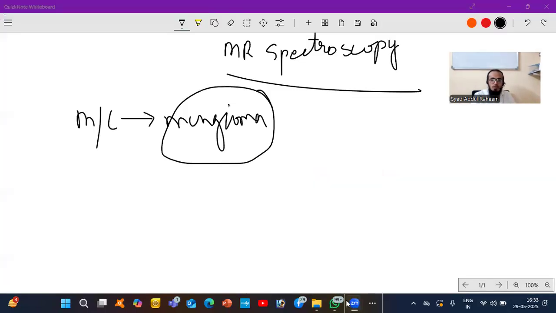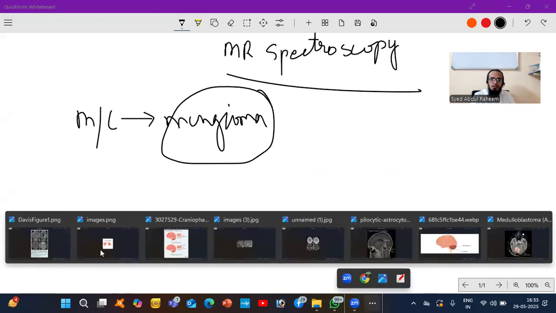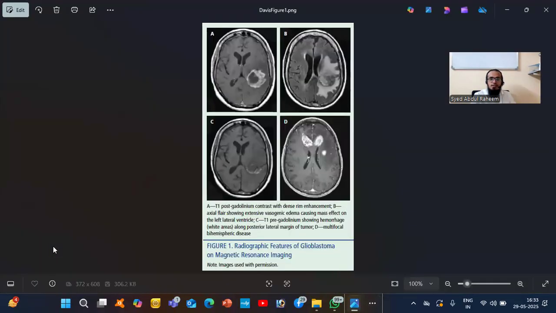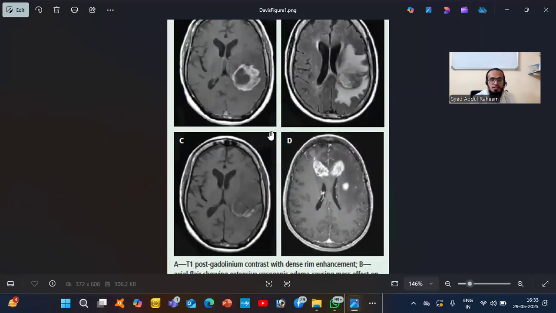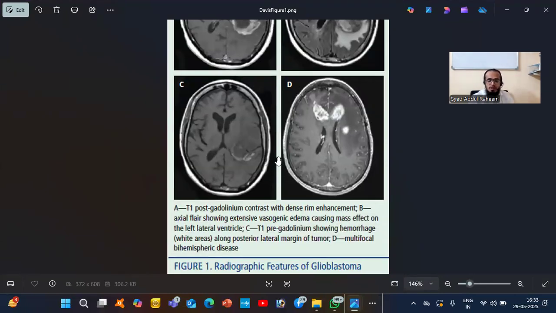The next common tumor is glioblastoma. You can see this is the glioblastoma. Mostly the glioblastoma site is the frontal lobe in adults, and it also crosses the midline.